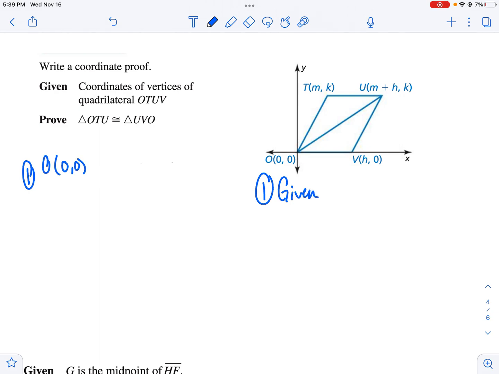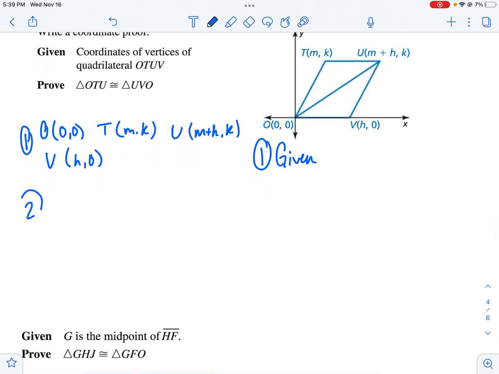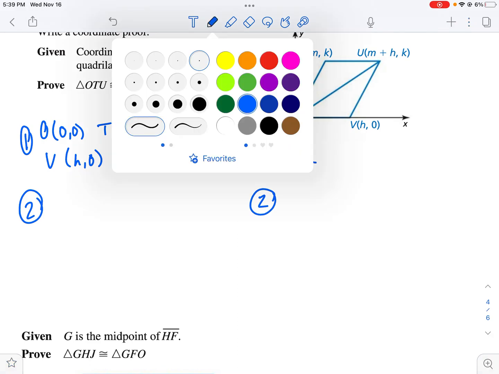I would list out all my coordinates. O is 0, 0. T is m comma k. U is m plus h comma k. And V is going to be h comma 0. So that's my given. Now that I've got that given, I want to prove congruence.